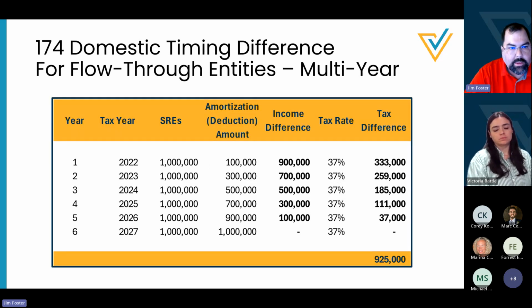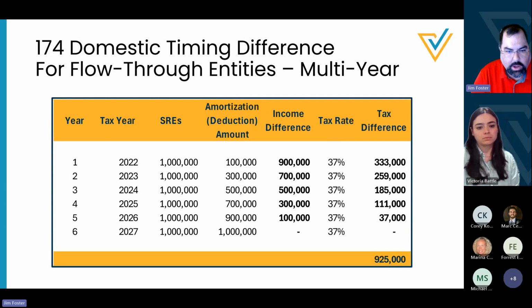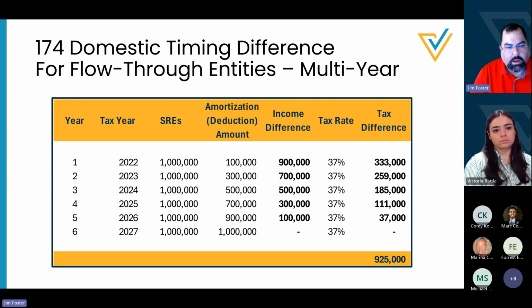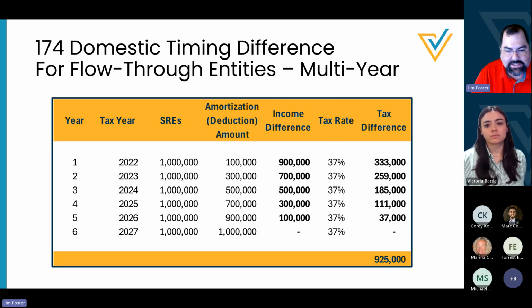Now, with a multi-year situation, I'm going to throw this up. If you had started amortizing in 22 and you had consistent R&D, or R&E I should say, for 174 of $1 million each year, then you're going to have increased taxes over those first 6 years of $925,000. This is terrible.